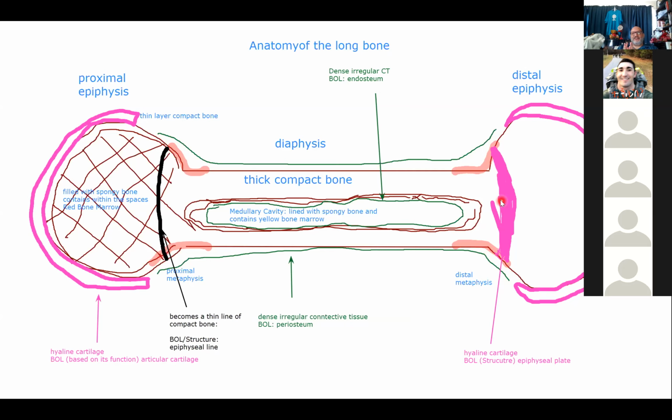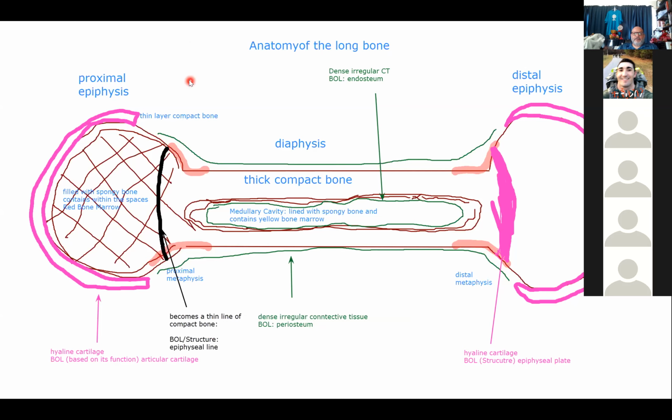If it's reduced in size, then they're typically between 18 and 25. And if it's closed to a line, then they're typically older than 25. So just the presence of whether there's cartilage, how much cartilage, or if it's completely sealed, gives us a general idea of the age of the individual. So we can tell something about the age of an individual just by this one characteristic of their bones.